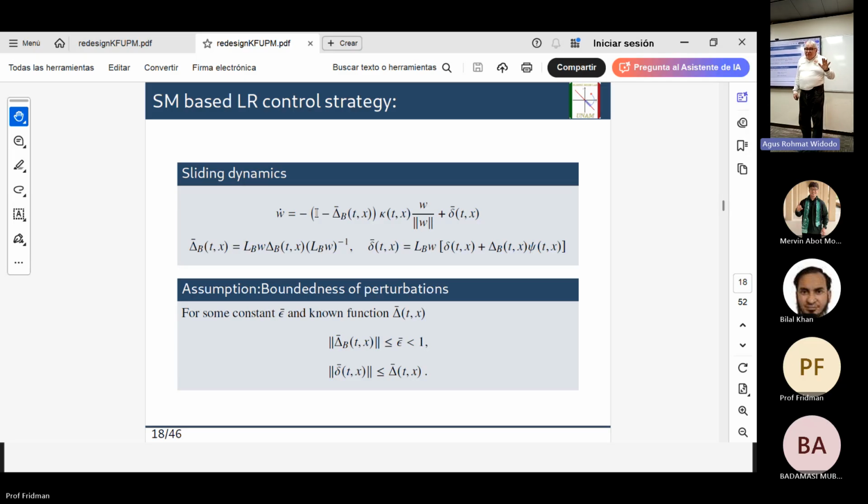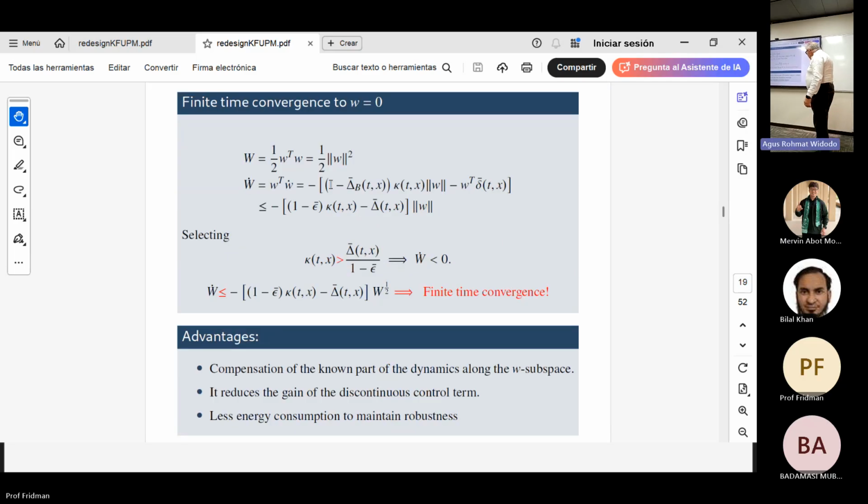So we will be able to ensure W equal to 0 with less effort. And that's very good. This is the condition, let's say, a more or less similar story, but the conditions are much more simple because we already compensated the nominal part.